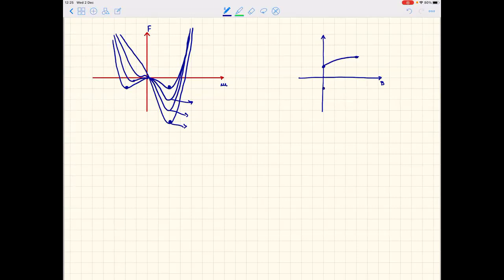If you were sitting here and you stay in this minimum, your magnetization is going to follow a different curve. You see?